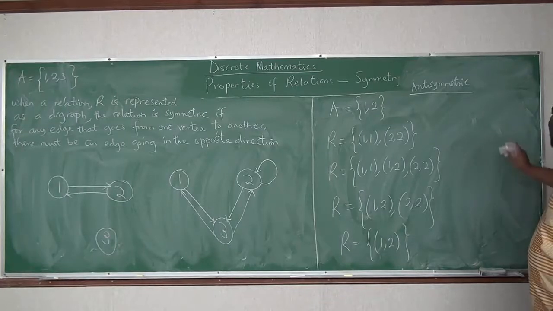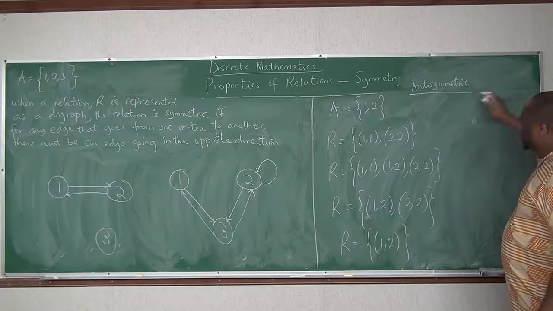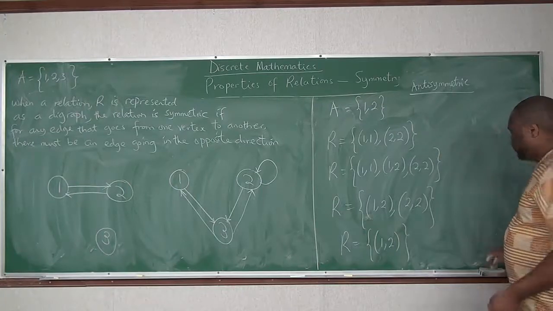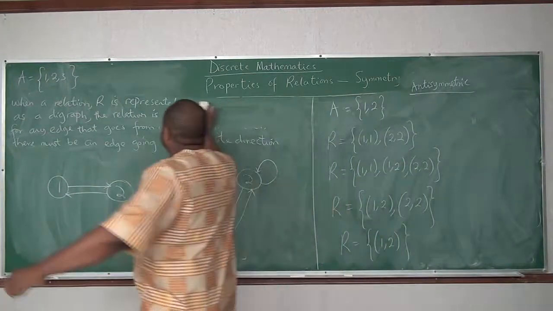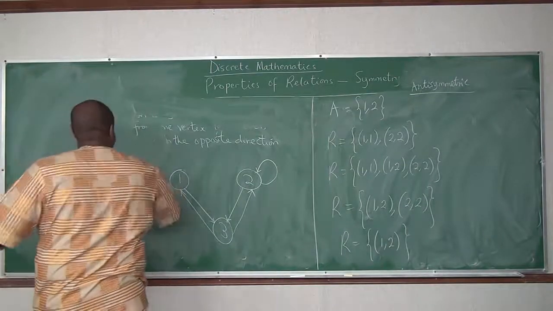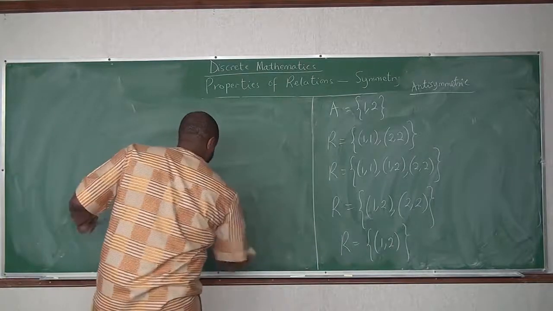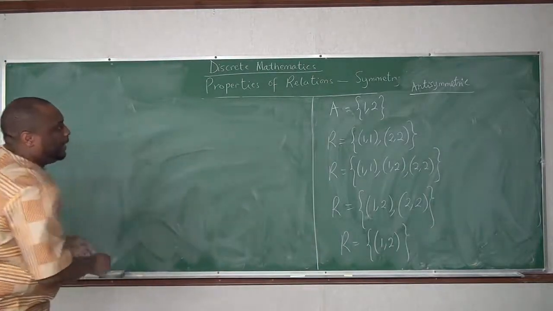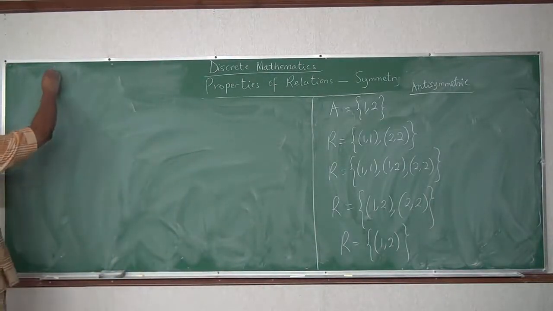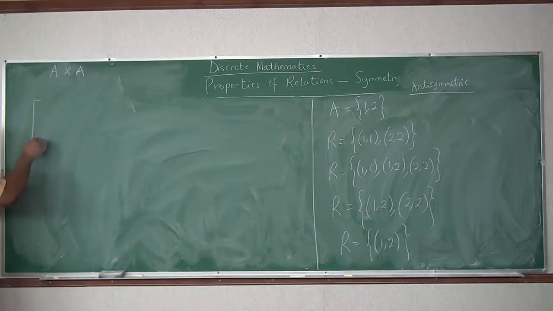Okay, so folks, look at this now. Let's represent this so you can see how it looks. So A cross A, with 1, 2 and 1, 2.